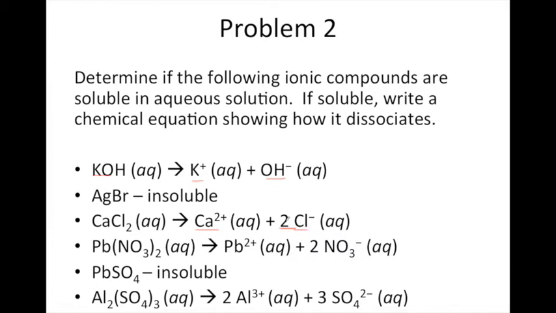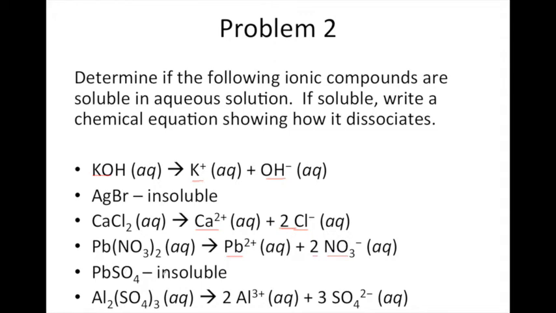Again, 2 with a coefficient, not a Cl2 minus. That is not correct. Lead 2 nitrate dissociates to give us 1 mole of lead and 2 nitrate ions. Again, the polyatomic ions do not dissociate. They stay as 1 unit.